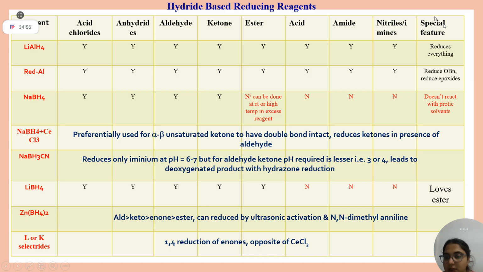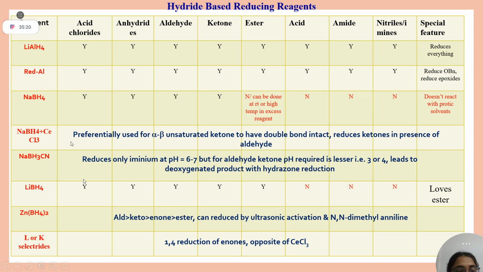Okay, this chart I have made for you so that your life can be made easy. What you have to learn from this table is, whenever you see LiAlH4 on the arrow, just scan this slide for 2 minutes. Then we will be solving questions based on hydride based reducing agents.